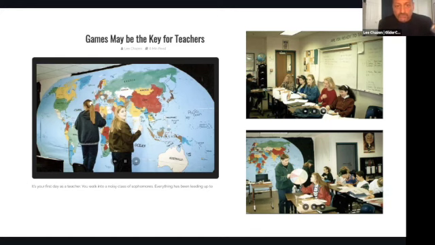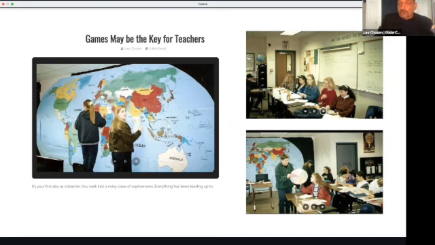So these are actual pictures from some of the first years of playing the game. And as you can see on the back wall, one of the first things is preparation. They have to produce a game board, which is a map that takes up the entire wall of the classroom. The students you see over on the right side became the United Nations.